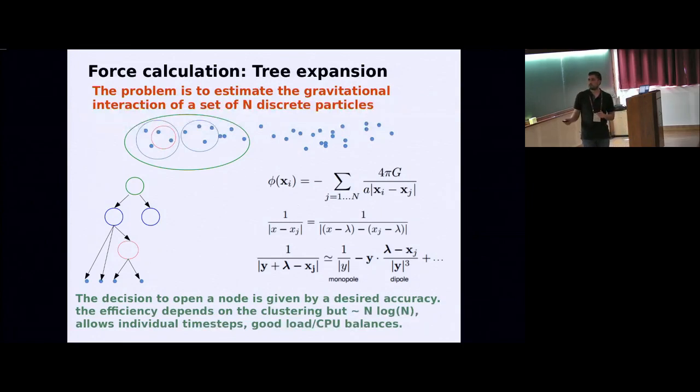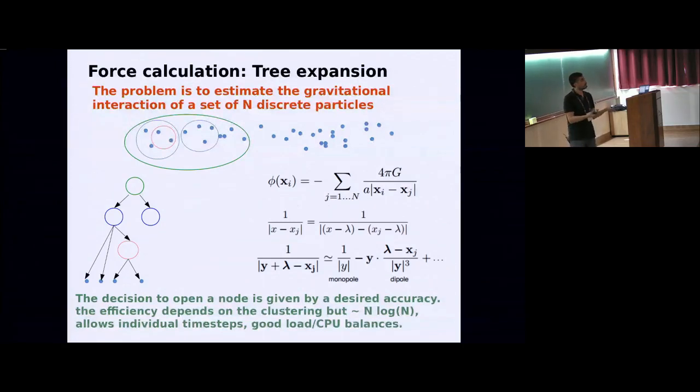Typically in modern codes, you stay with the monopole, but if you want higher force accuracy, you can include higher order terms in your force. This is quite useful because when particles are very, very clustered, so if you have a lot of particles that are always very close together in groups, you can approximate this very well as a massive particle and it becomes very efficient.